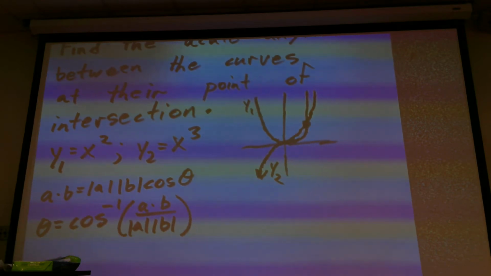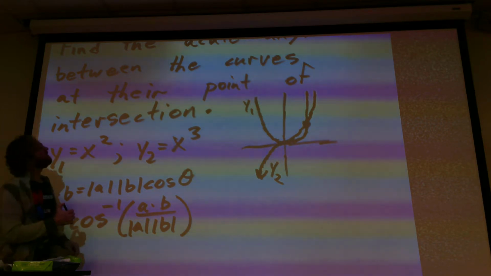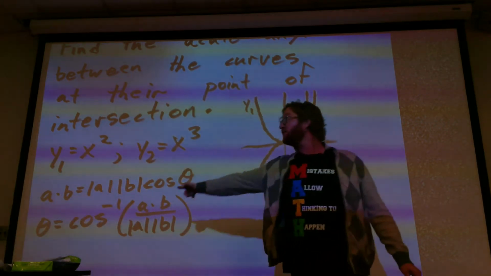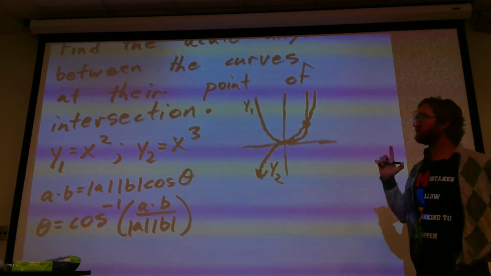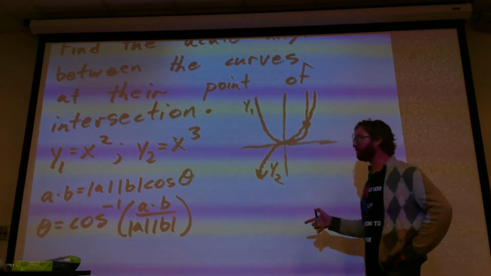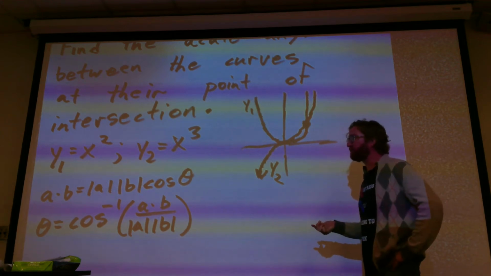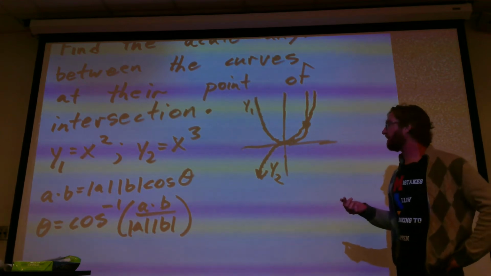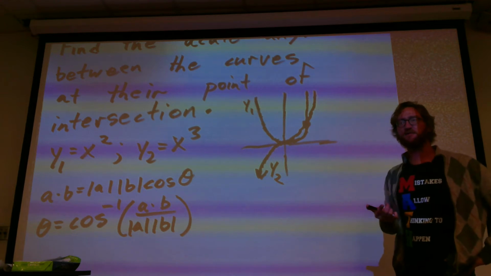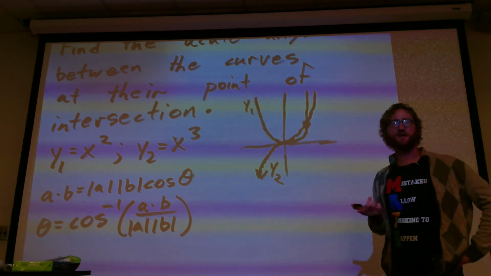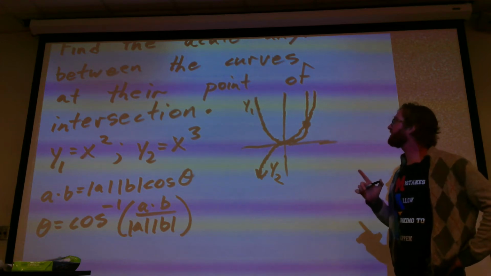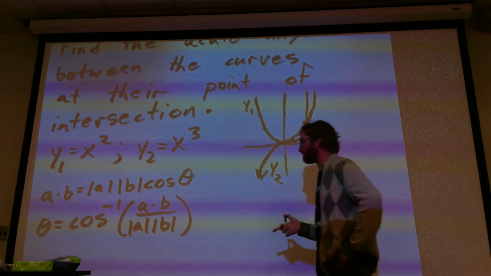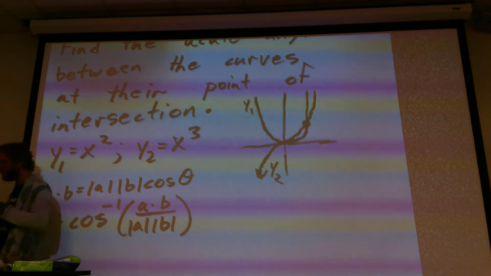Okay. So to figure out what the angle is using this formula right here, what we need to do is find a vector A and a vector B such that they represent the tangent lines of this guy. So how do we find a tangent line? Take its derivative. So the first thing we're going to do is take the derivative. All right?